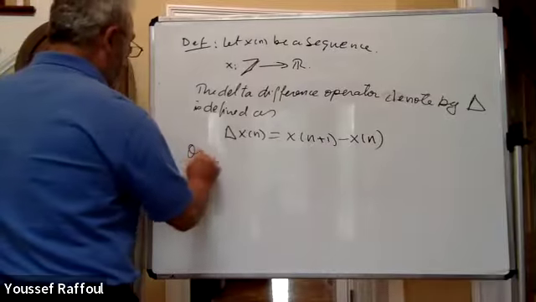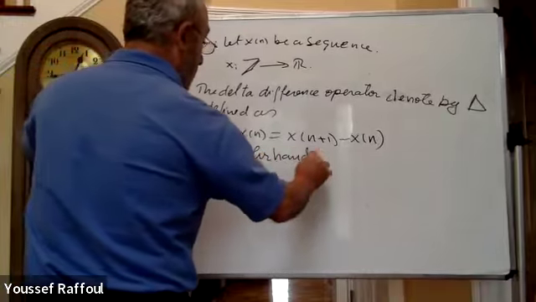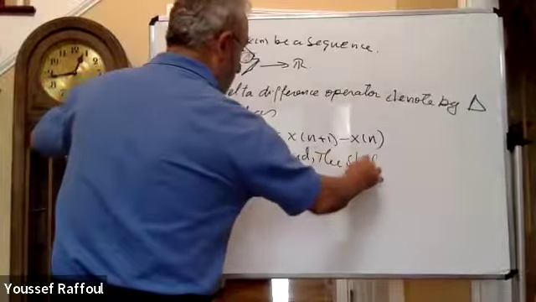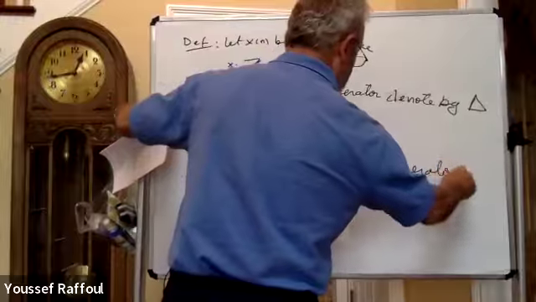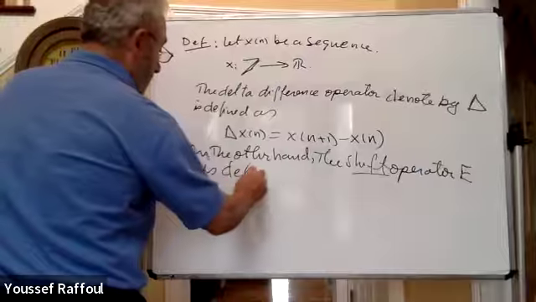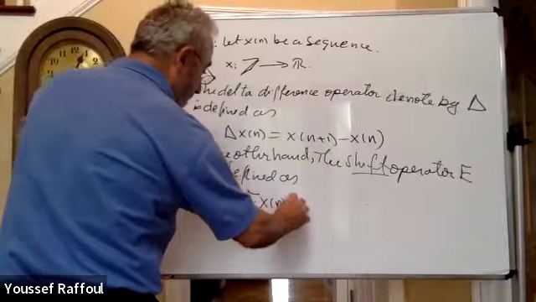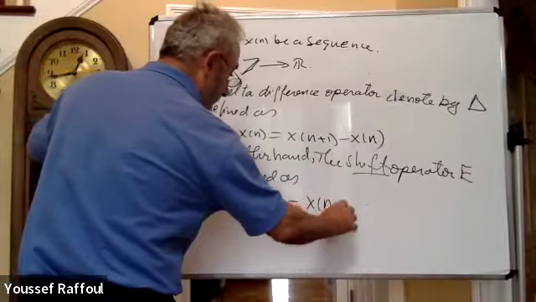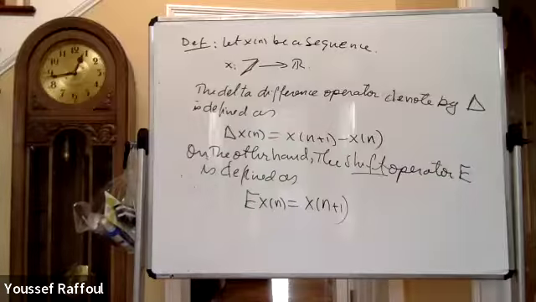Now, on the other hand, the shift operator E is defined as E xn equal to x of n plus 1. So this is the shift.